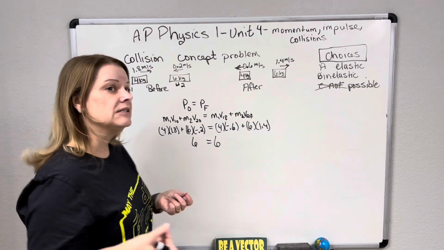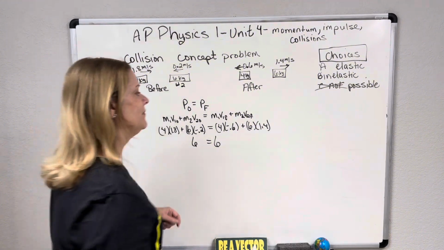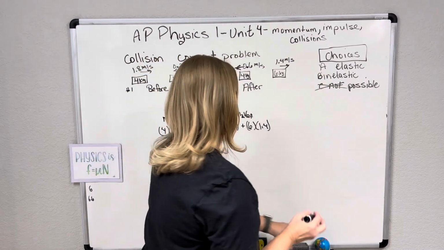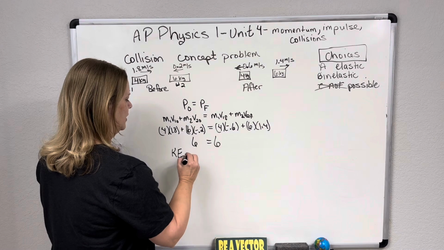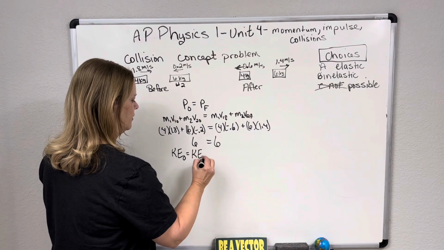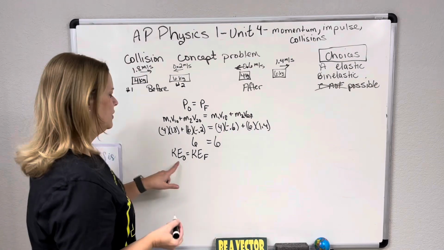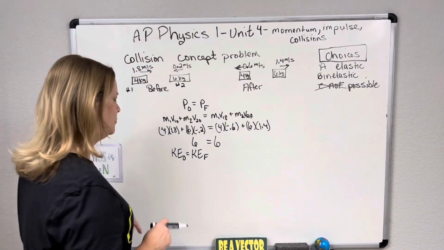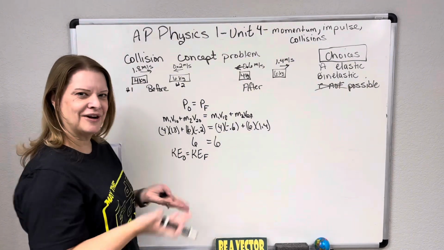Now we have to determine if it's elastic. Well, in an elastic collision, the additional thing that's conserved is kinetic energy. So kinetic energy before equals kinetic energy final. A lot of times you'll see this is just K without the E. I'm just putting the E in to make sure that you know I'm not talking about spring constant, which is also a K, although it's a lowercase k, but it's hard to tell on a dry erase board.